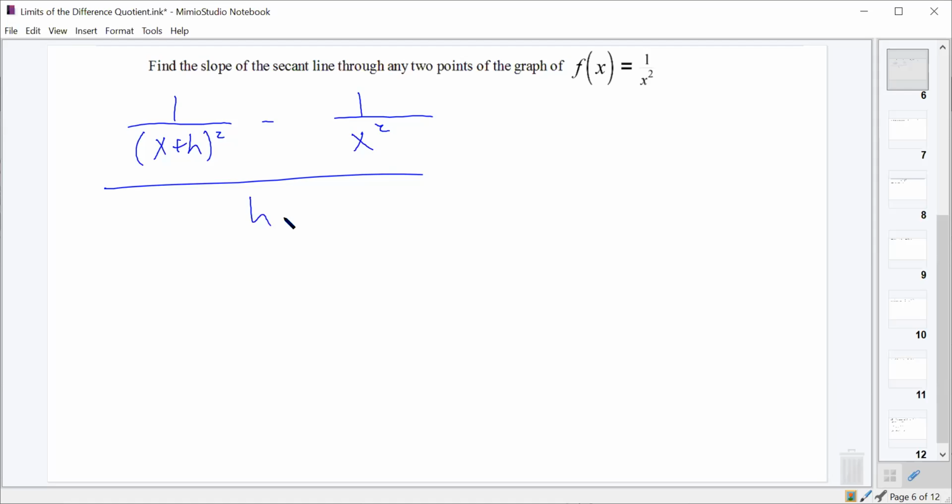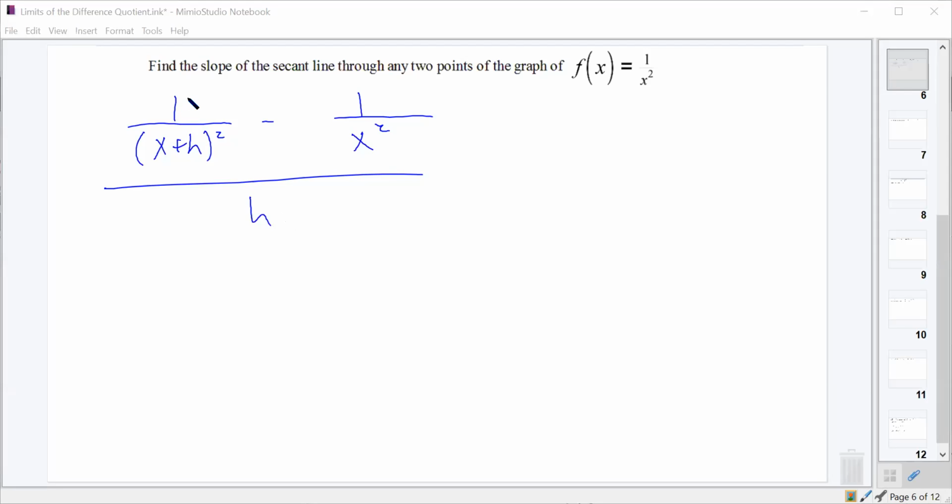How do we simplify this complex fraction? Common denominator.